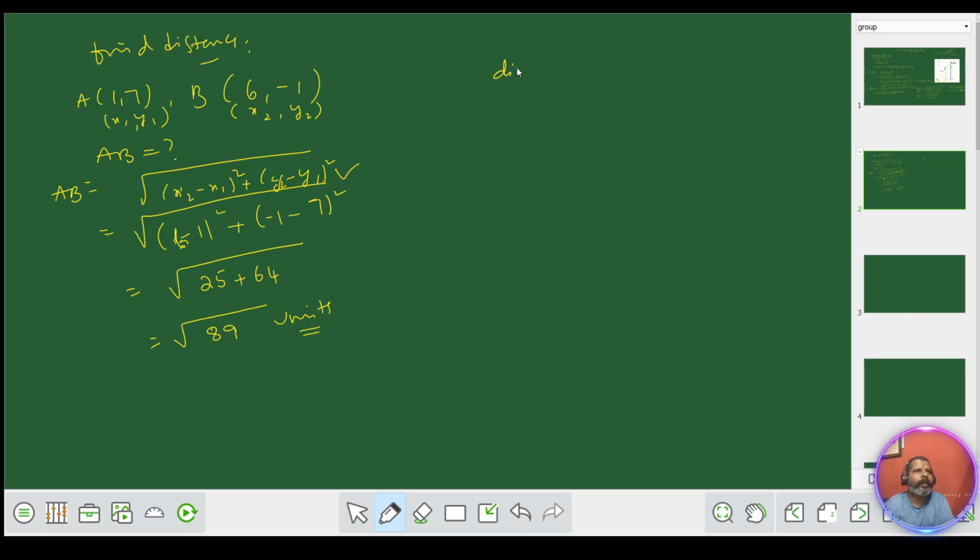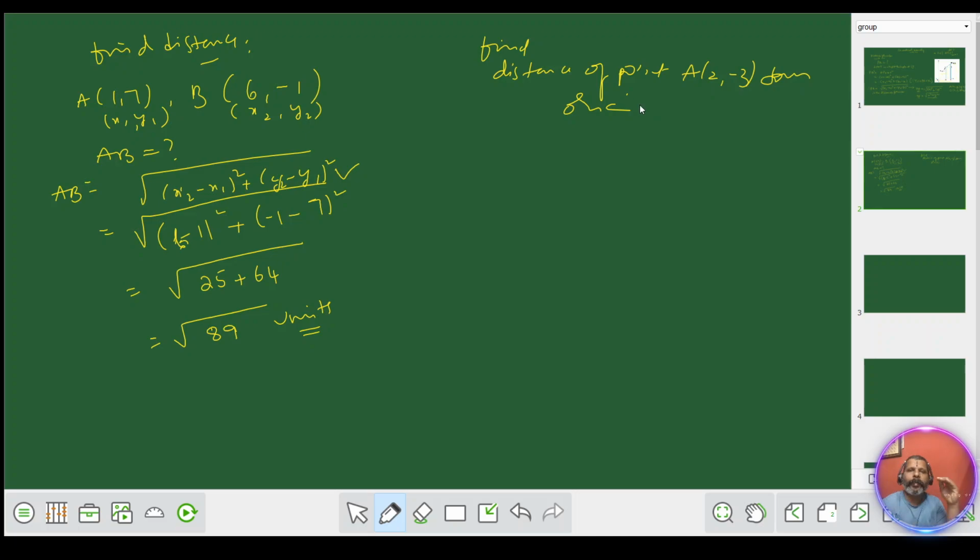Find the distance of point A(2, -3) from the origin. We have seen the formula for the origin separately. It is not a separate formula.